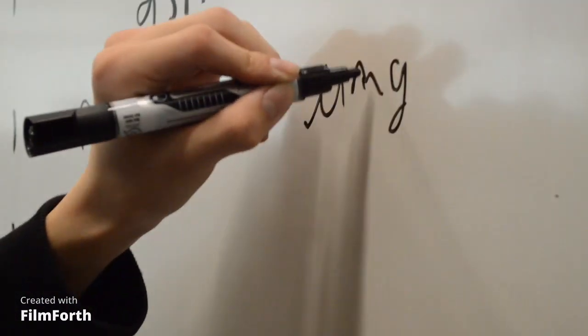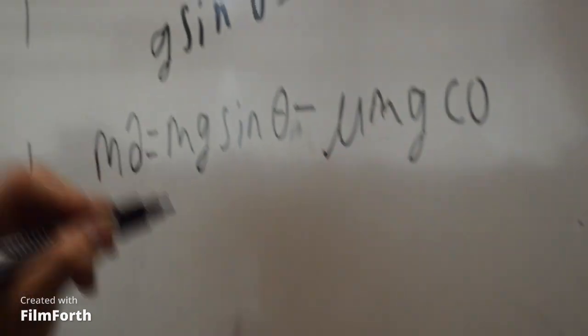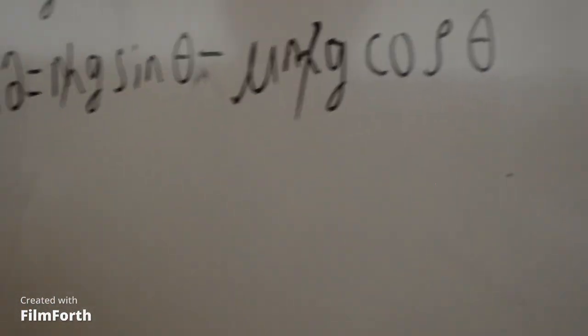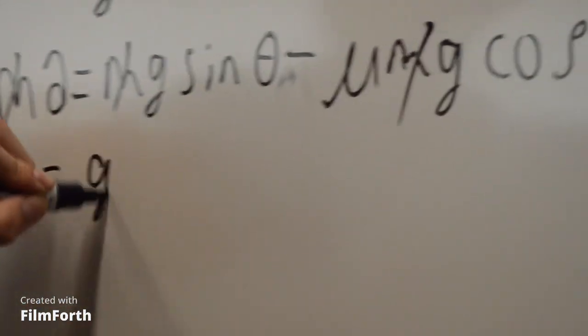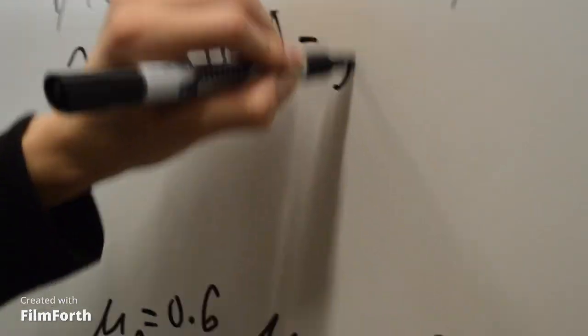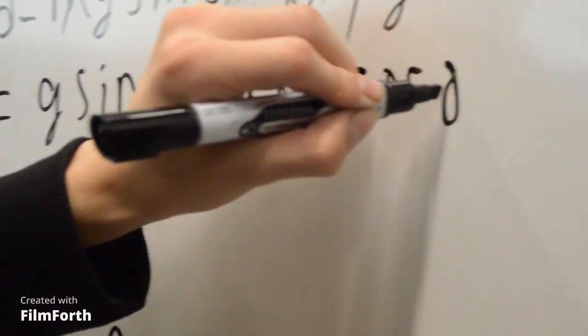And this is assuming that the box is still sliding down. Basically saying that mg sine theta is greater than mu mg cos theta. So now notice, look, the masses cancel out again. Convenient. Therefore, our acceleration for the ramp, when friction is not negligible, will be g sine theta minus mu g times cos theta. If you want, you can factor out the g, but it's pretty futile at the moment.